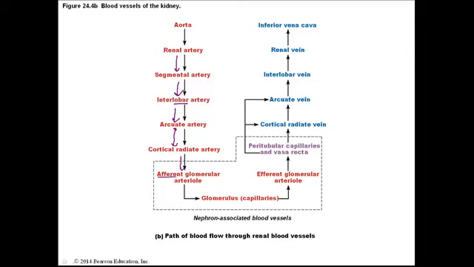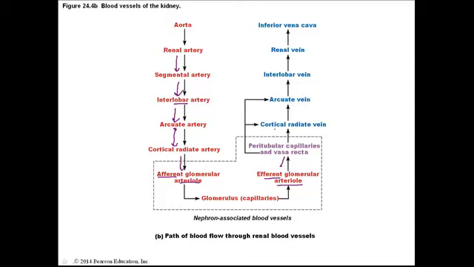So we say afferent arteriole. Then it's going to go through the glomerulus. That's a filter. Then it will exit through the efferent arteriole. Then it'll go to the peritubular capillaries and vasa recta. This will go to the cortical radiate, the arcuate, the interlobar, the renal vein, and the inferior vena cava.